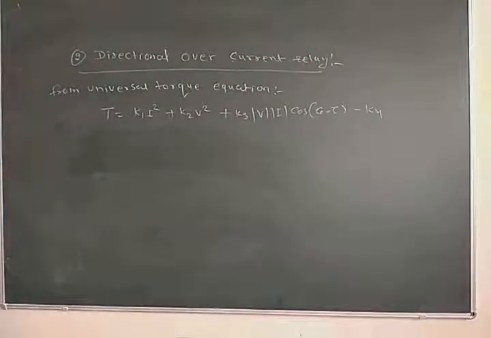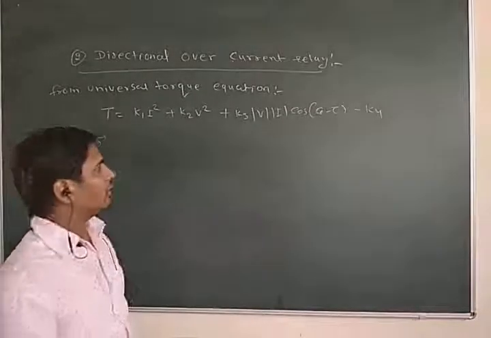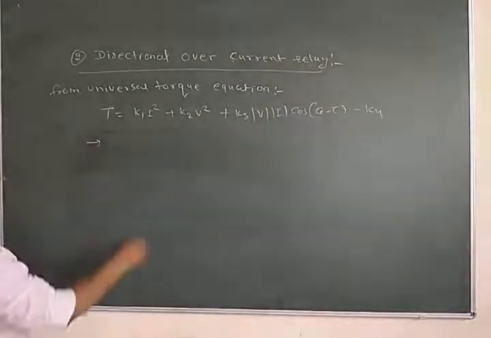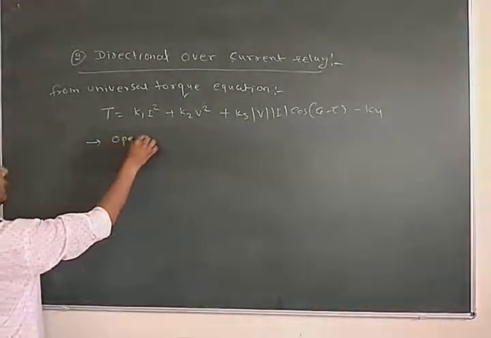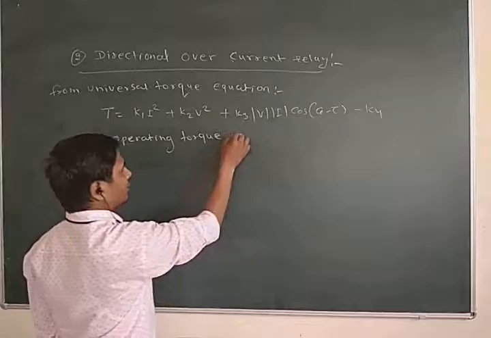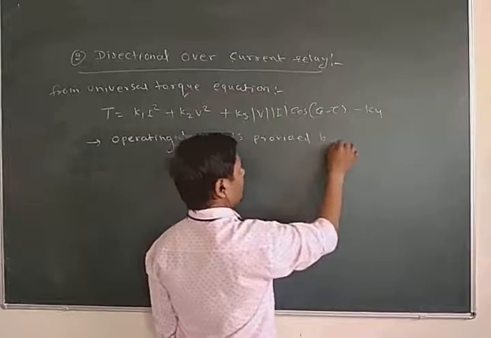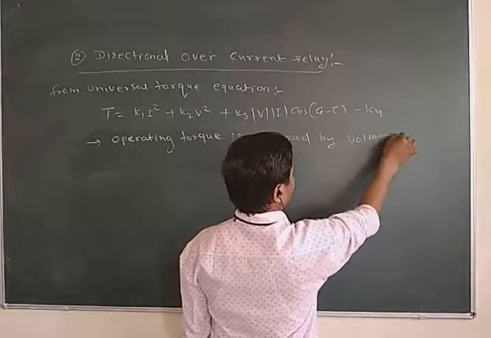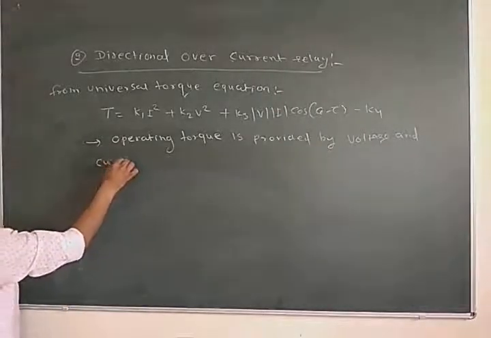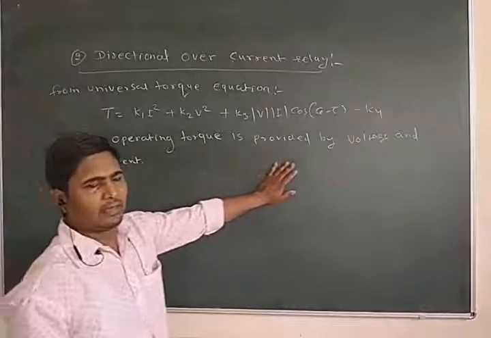Now in our directional relay, operating torque is provided by voltage and current, and restraining torque is provided by the spring. So we can write: operating torque is provided by voltage and current, the voltage and current quantities.